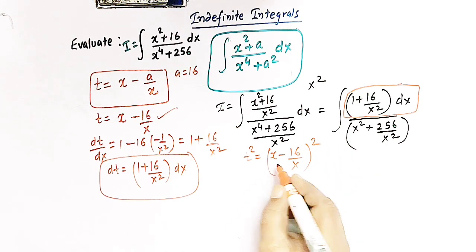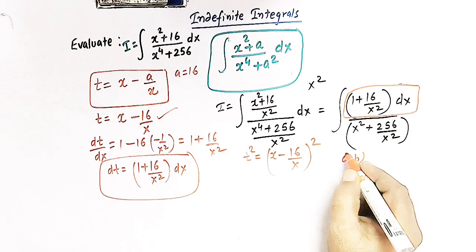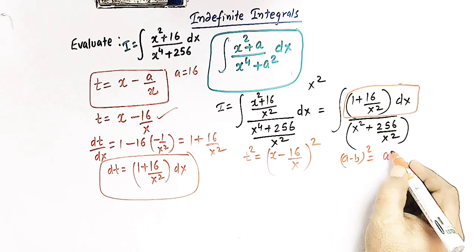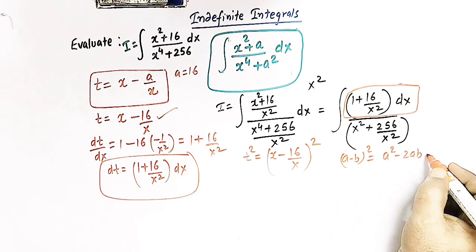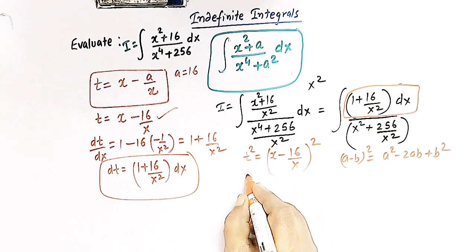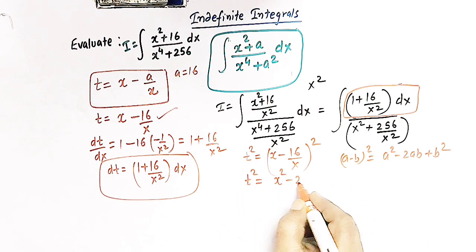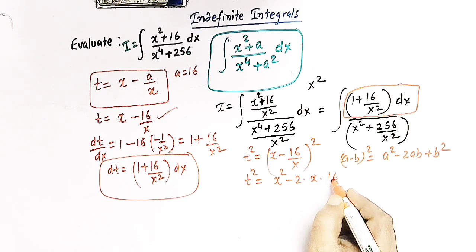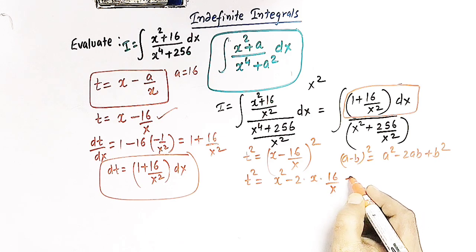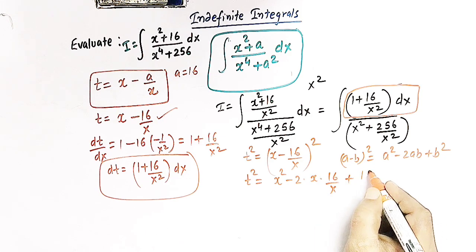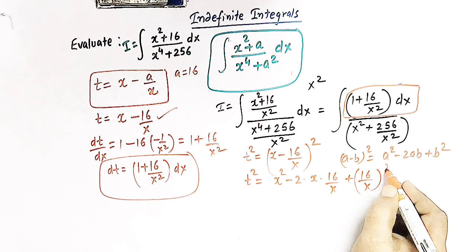Now taking the help of this identity, that is (a minus b) square is a square minus 2ab plus b square, here we can now write t square is equal to x square minus 2 times x times 16 over x, plus (16 over x) square.